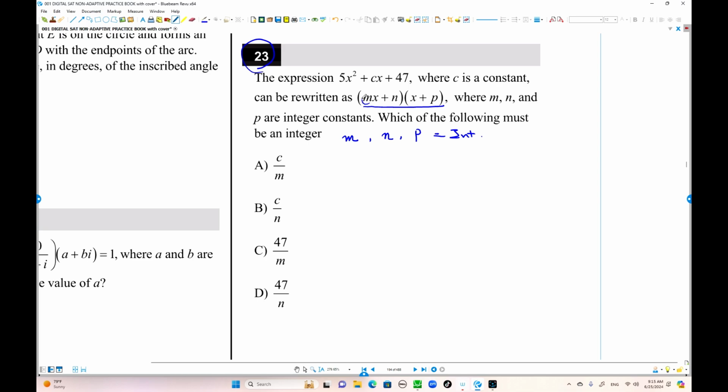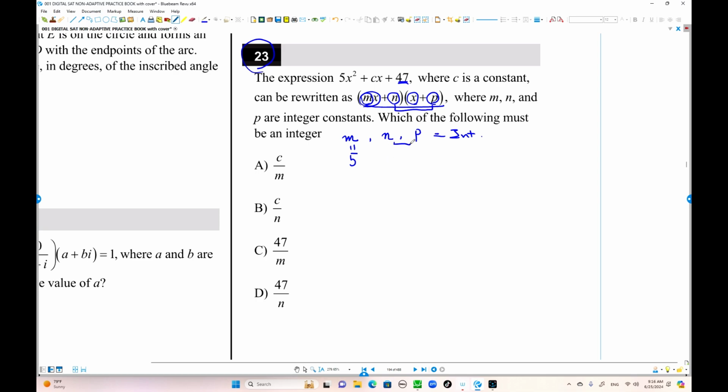First of all, you can find that m equals 5, right? Because the product of these two terms should be mx squared equals 5x squared. So m is 5, an integer. What about n? We don't know. But the only thing is what? n is integer, p is integer, but the product of these two numbers is 47, right?